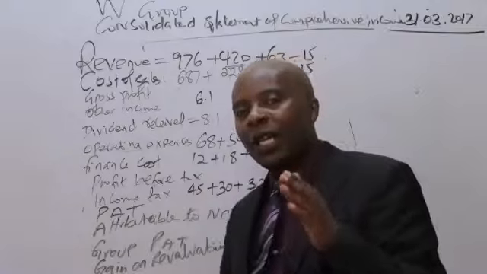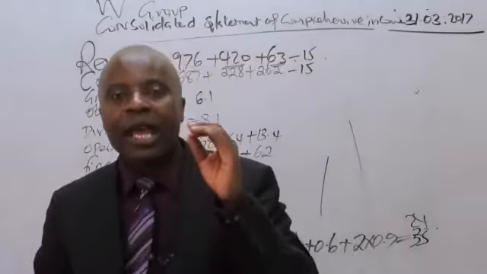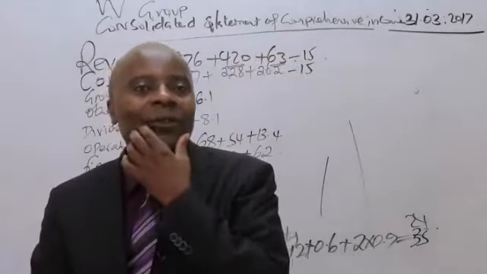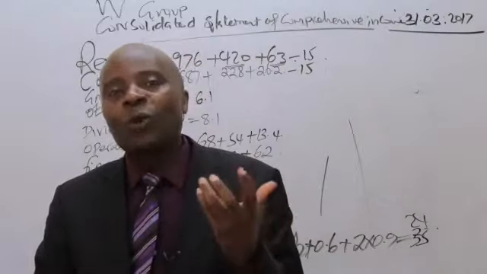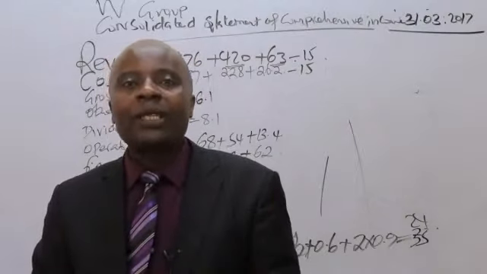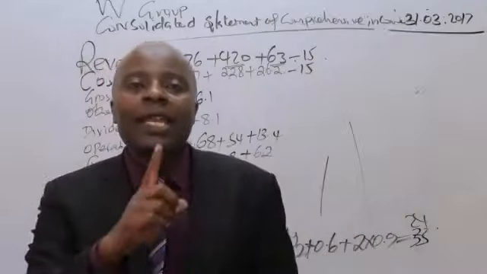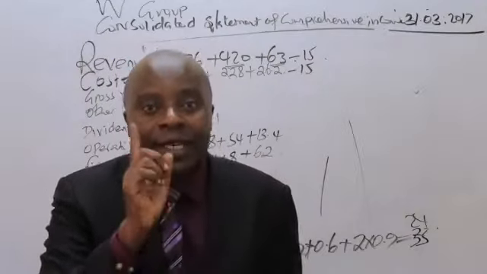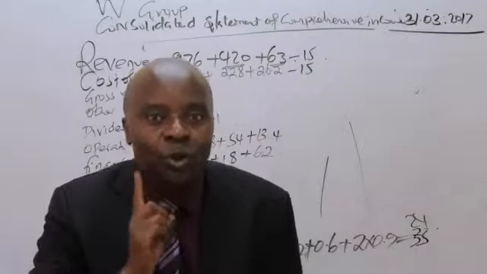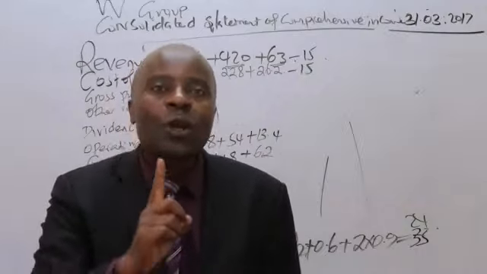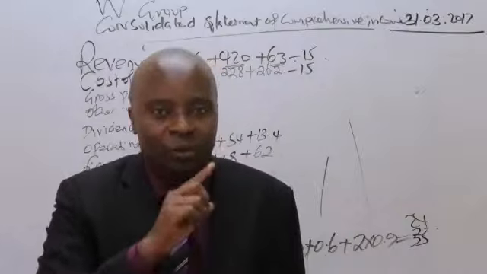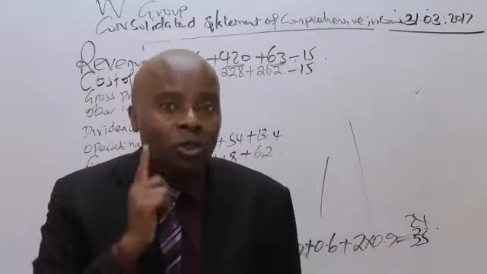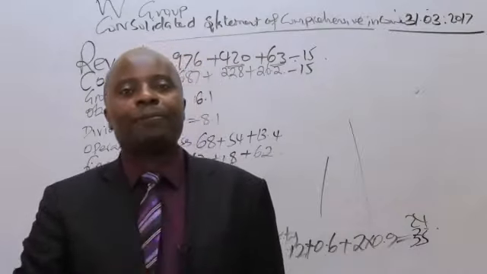The very first thing that you should always look for when you're looking at a group income statement is this: if there is any intra-sales, intra means internal, what should you do? Always go to the group cost of sales and subtract, and to the group sales and subtract.